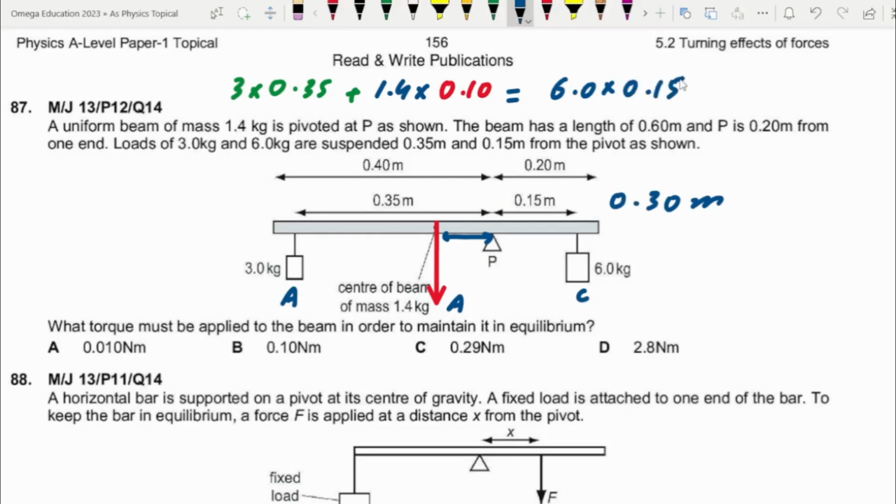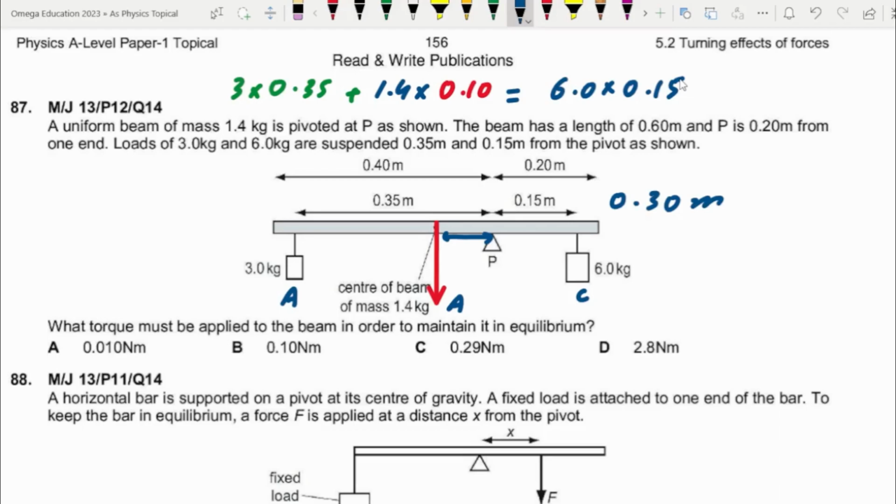So there would be a resultant moment on one side. The moment of force would be more, but if you apply the same moment of force on the other side, then we can maintain the equilibrium. So let's see what we have on the left side, which is the anti-clockwise side. 3 times 0.35 plus 1.4 times 0.10.